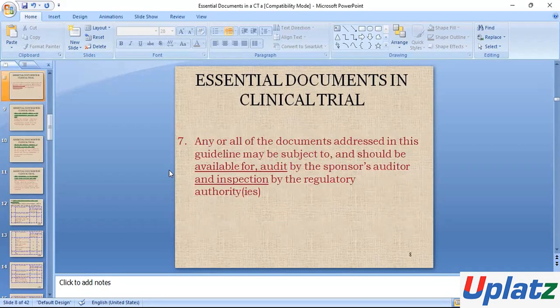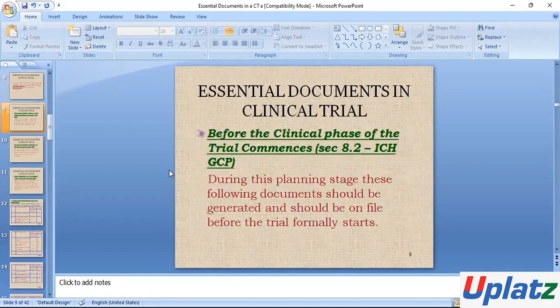And the seventh point is that any or all of the documents addressed in this guideline may be subject to, or should be available for, audit by the sponsor's auditor or inspection by the regulatory authorities. Henceforth we will see what all the essential documents are.